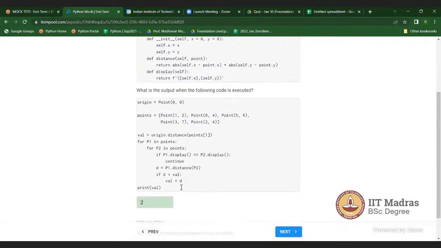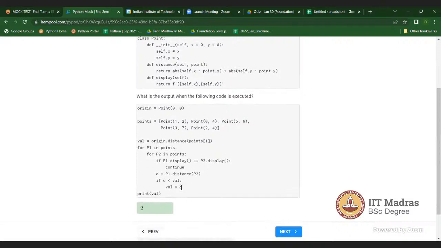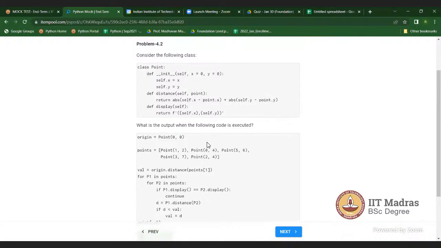So yes, we are checking for the shortest distance within the points, correct? But initially we'll have val here, right? What is that val? It is origin dot distance of points of 1. Origin is 0, 0 and points of 1 is 0, 4.